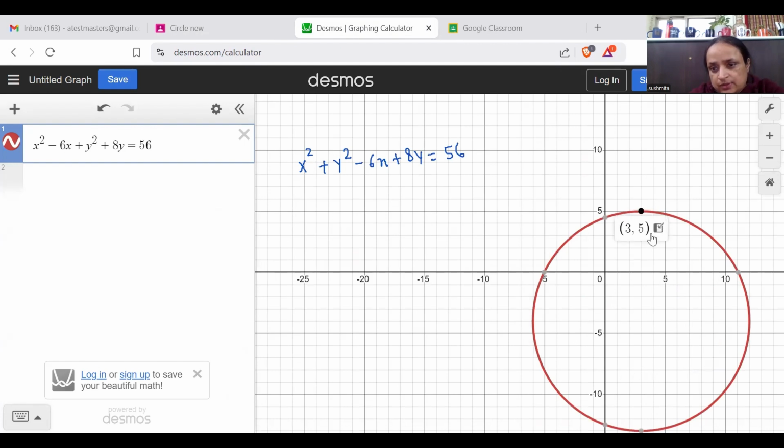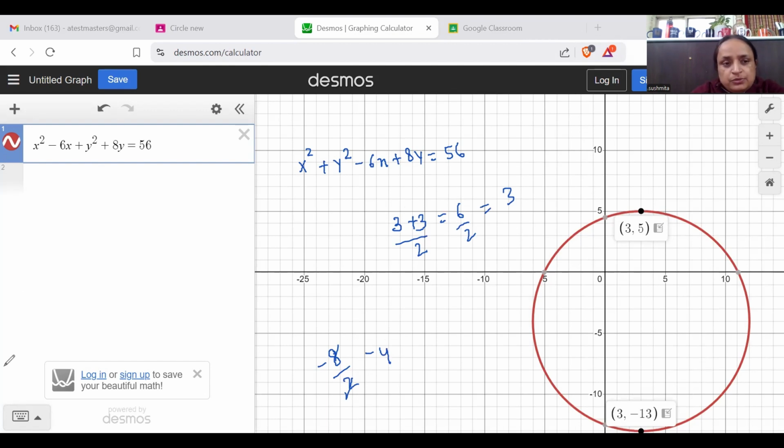So we know these two points and we find the midpoint. 3 plus 3 divided by 2, so 6 divided by 2 would be 3, and 5 minus 13 is negative 8, divided by 2 would be negative 4.